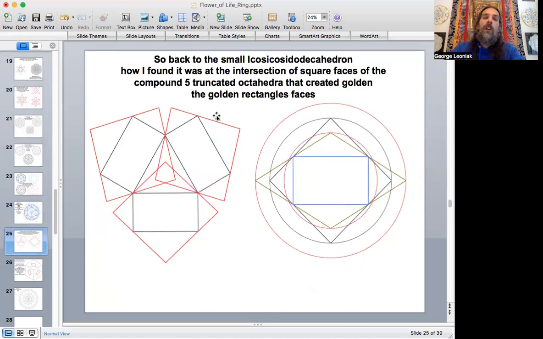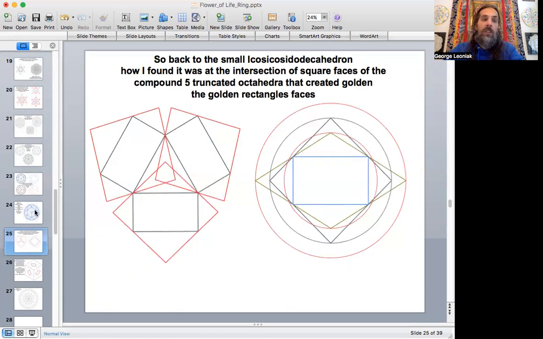So these are five of those square truncated octahedron faces. I've just highlighted and taken out one little piece for a moment. And as those five faces of the truncated octahedron crisscross one another, their edges divide each other into the golden proportion, and they're going to create the little triangle at the top.